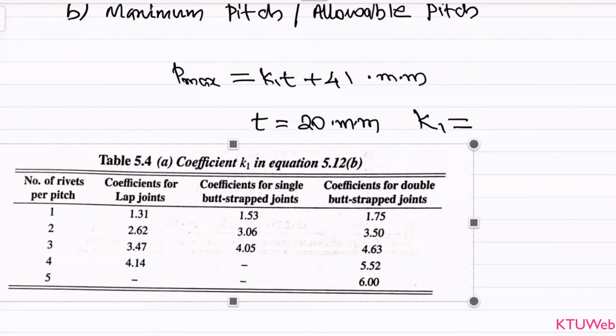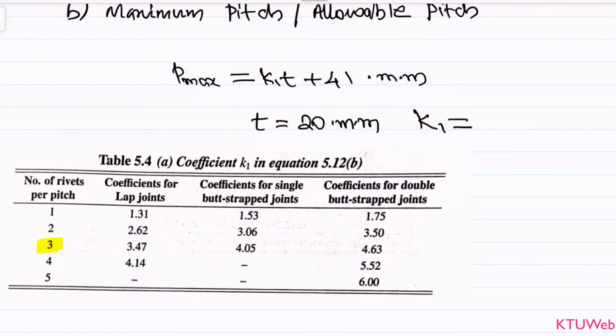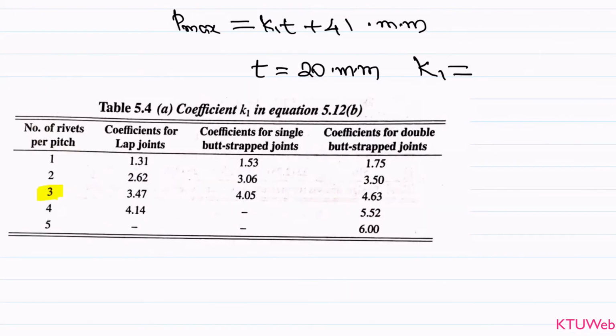From this table, we can find the value of K1. Here, the number of rivets per pitch, as we found, is 3, and it is a double strap butt joint. In the last column, which stands for double strap butt joint, for 3 rivets we have the value 4.63. Now we can write K1 is equal to 4.63.